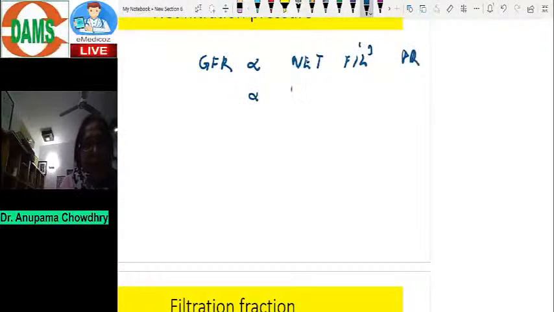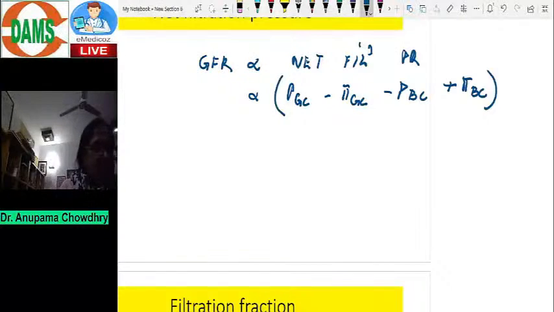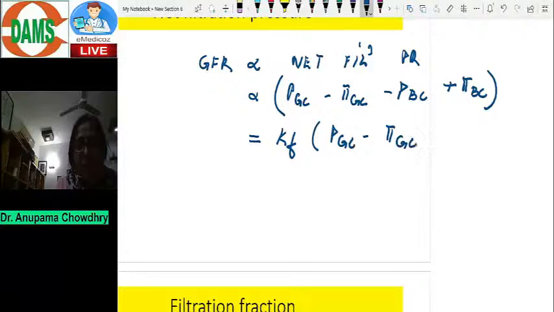That means it is directly proportional to PGC minus pi GC minus PBC plus pi BC. And if I want to remove the proportionality sign, if I want to bring an equal to sign, I have to multiply it by a constant, that is KF, into PGC minus pi GC minus PBC plus pi BC.